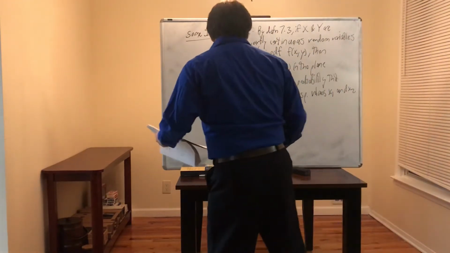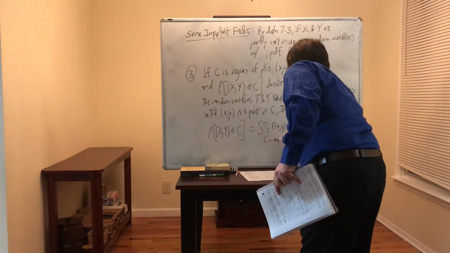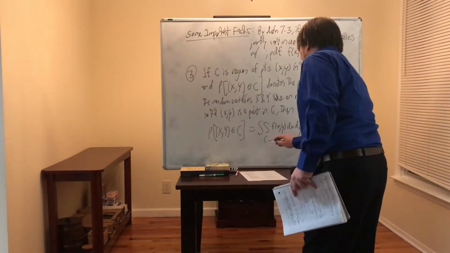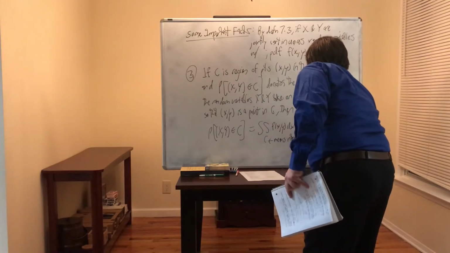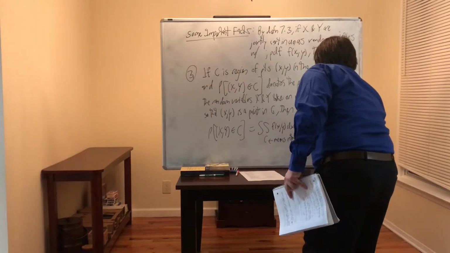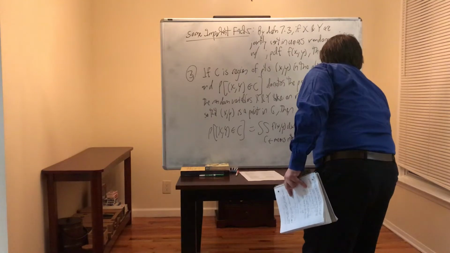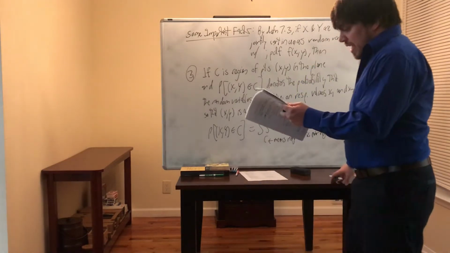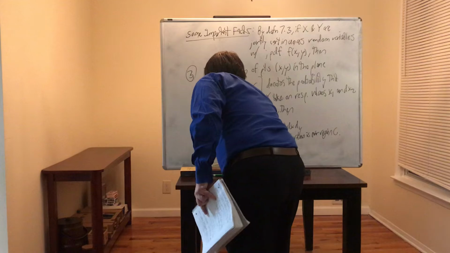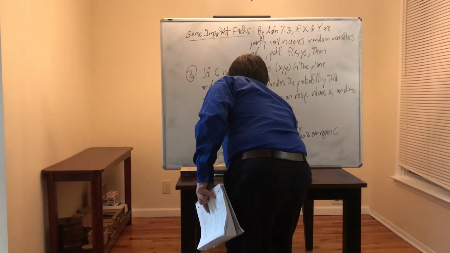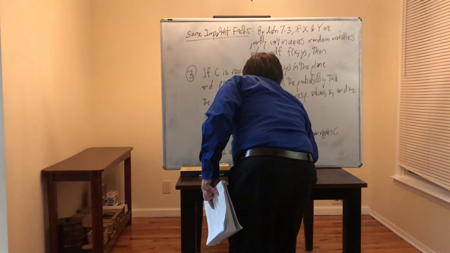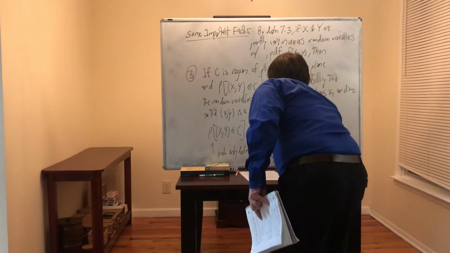The integration is over region C, so this means the integration is over the region C. And the probability is only defined if the integral on the right exists.